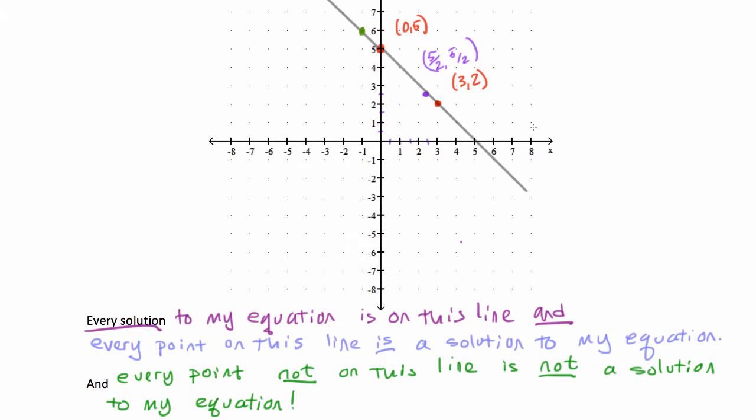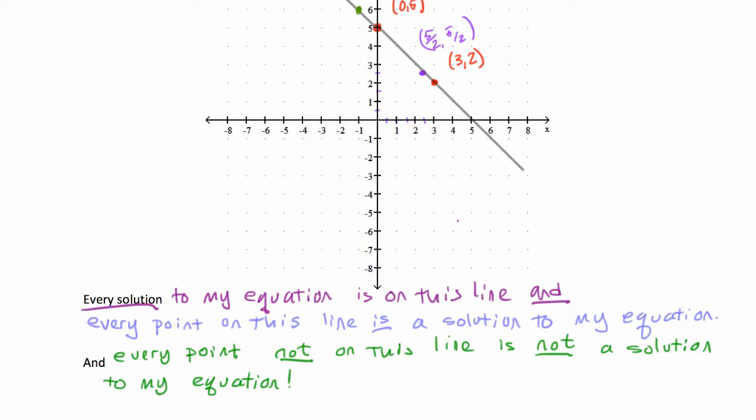So what this tells me is this line is a total characterization of the solutions of this linear equation in two variables. Every point on this line is a solution, and every point that is not on the line is not a solution.